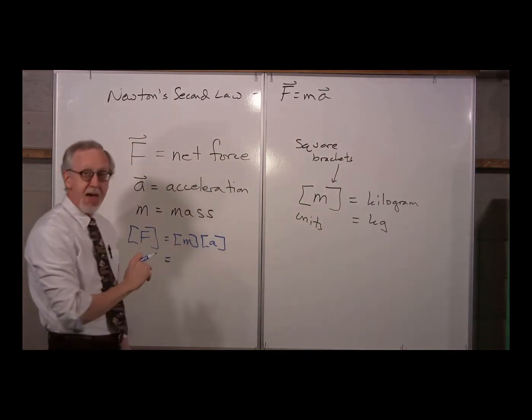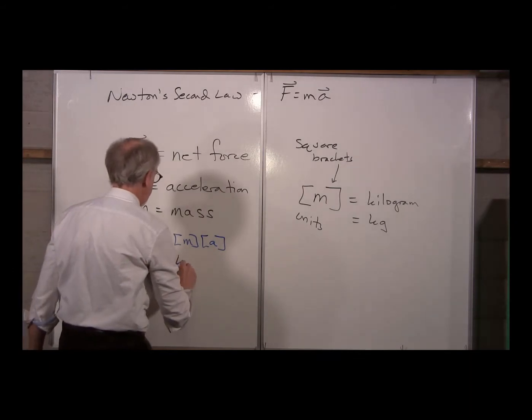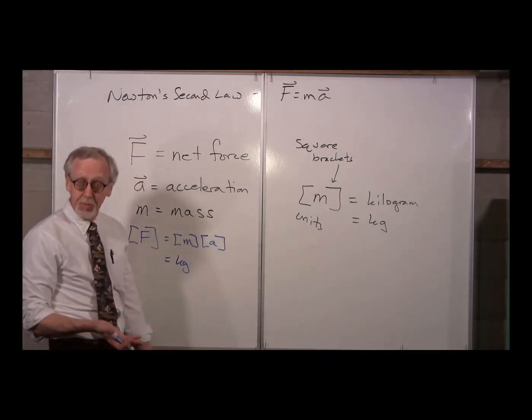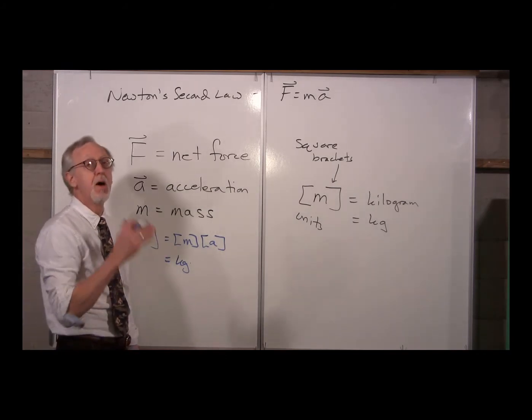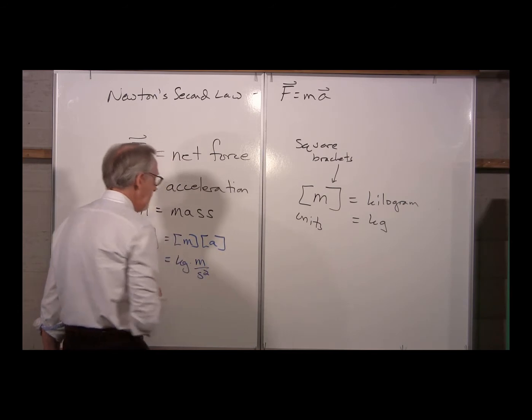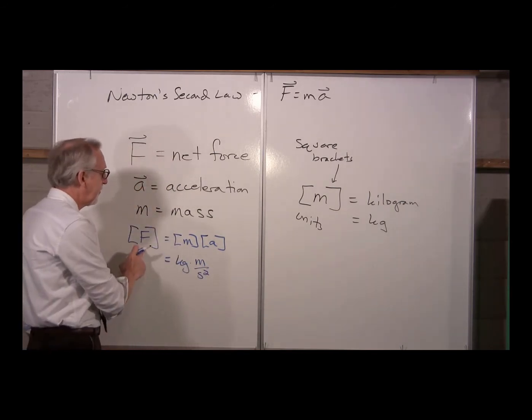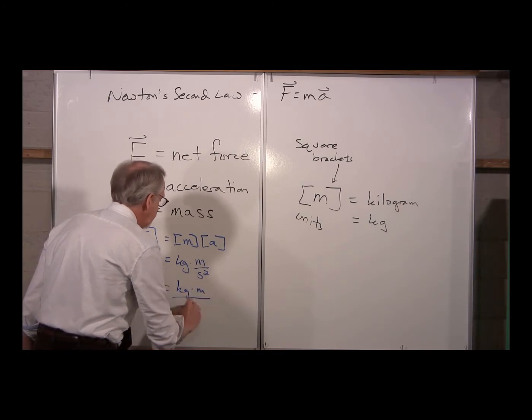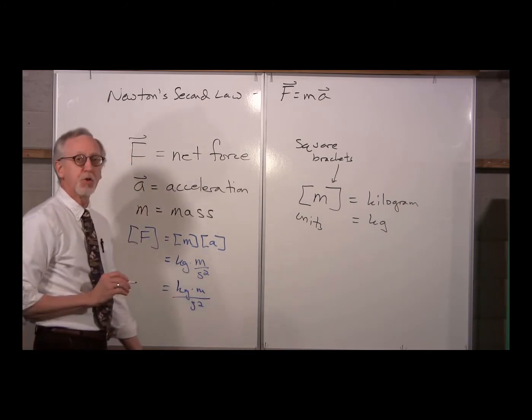Well, what are the units of mass? Kilograms. What are the units of acceleration? Well, what units have we been using in kinematics? Meters per second squared. So the units of force will be a kilogram meter per second squared.